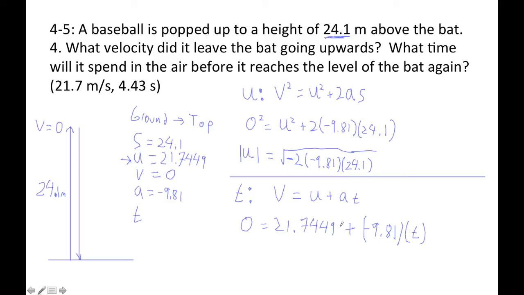Now, obviously I'm going to put this on this side, the minus sign goes away, and we just divide this by 9.81. Anyway, just do math here. I'm getting 2.2166 seconds.